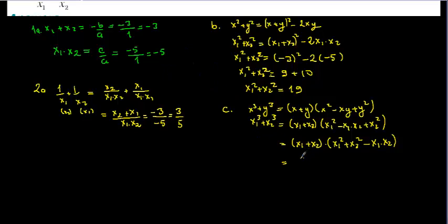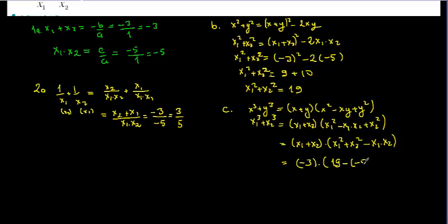substitute the values. x1 plus x2 I found here, it's equal to minus 3, times x1 squared plus x2 squared. I derived this one and I got 19, minus x1 times x2, which we know is equal to minus 5.